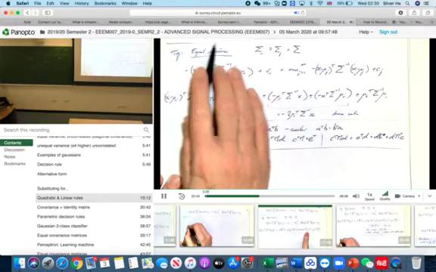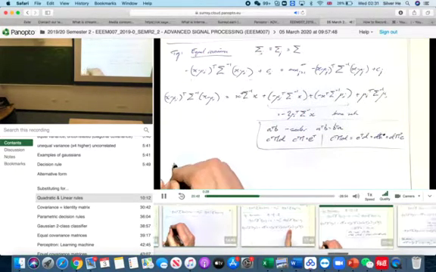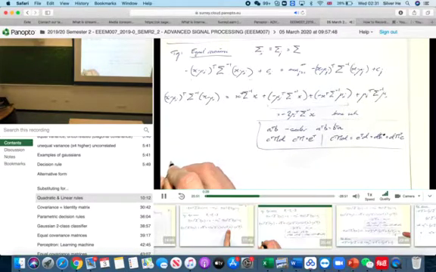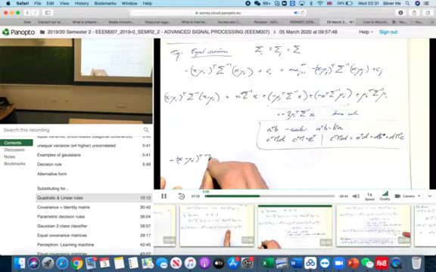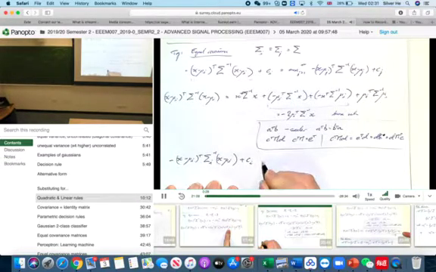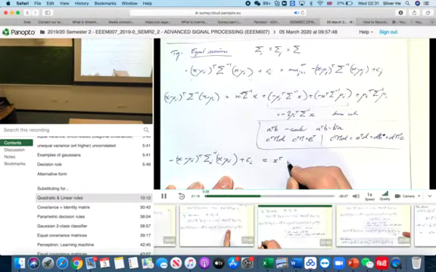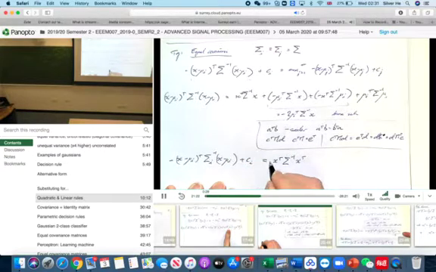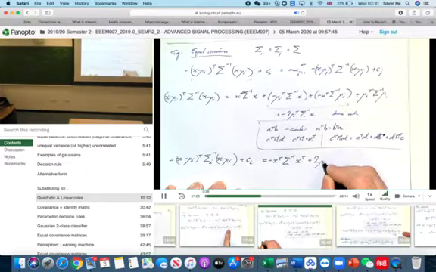Instead of this term up here, minus x minus mu I transpose sigma I to the minus 1 x minus mu I plus ci, we substitute all of these in, and that will become minus x transpose sigma to the minus 1 x, we've got a minus sign in the front of that one, plus 2 mu I transpose sigma to the minus 1 x.